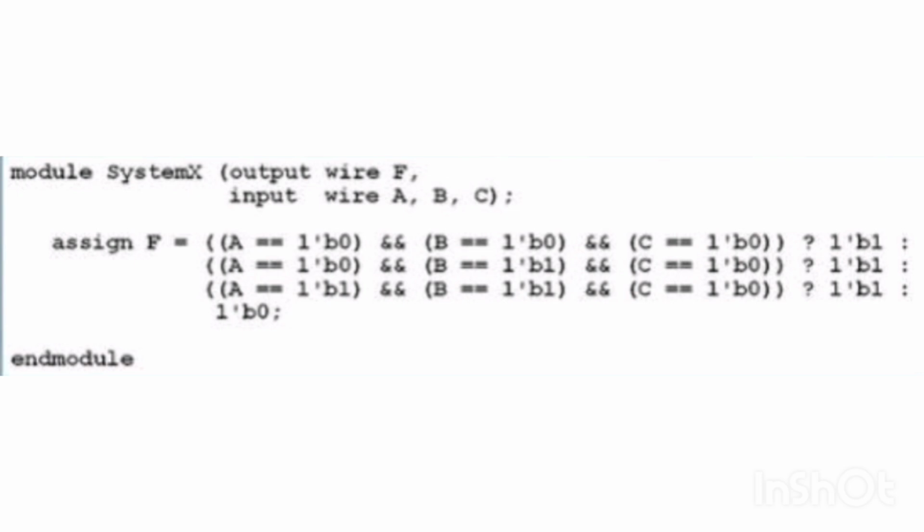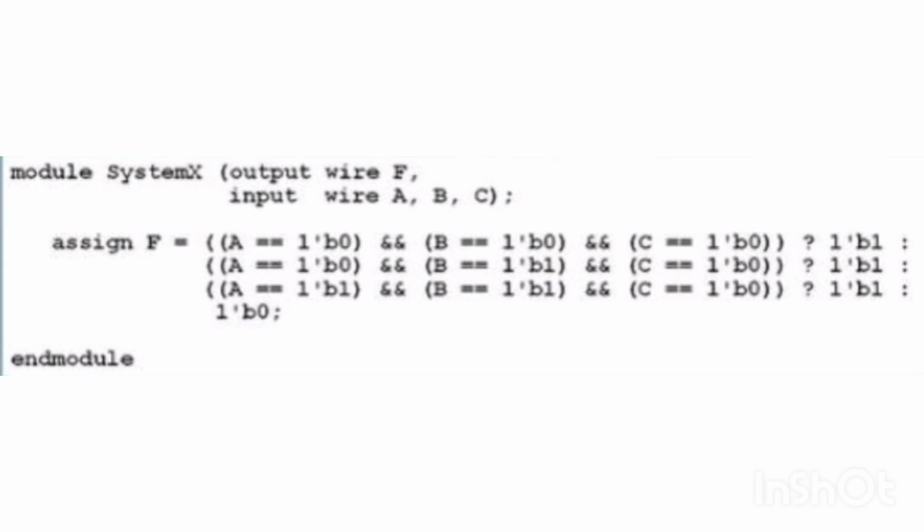For the remaining two combinations also it will be like that, and for all the remaining combinations it will be 1'b0, meaning a 0 bit at the output, f is equal to 0. So that's all about this particular program.